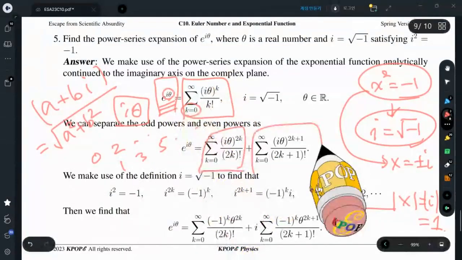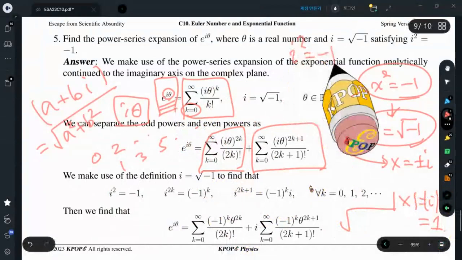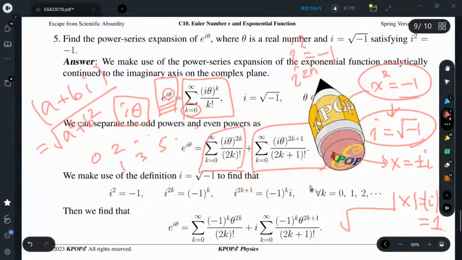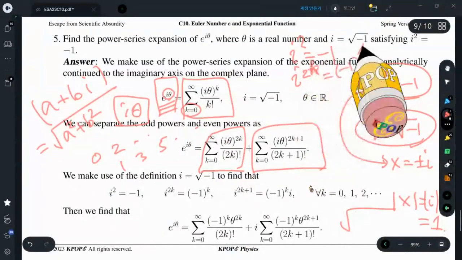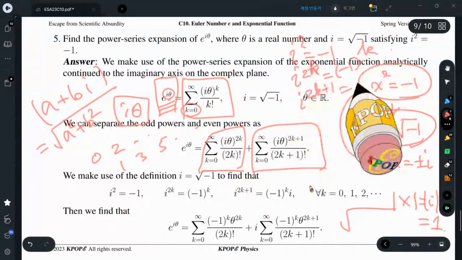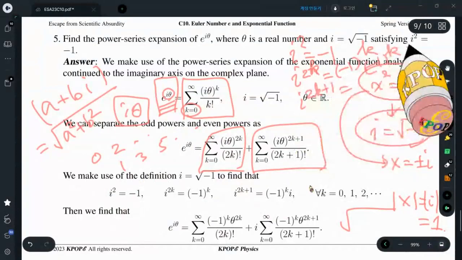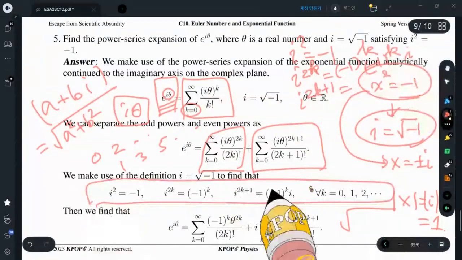And I remember that i squared is minus 1. So i to the 2k is minus 1 to the k, and i to the 2k plus 1 is minus 1 to the k times i. Therefore I arrive at this formula and substitute.